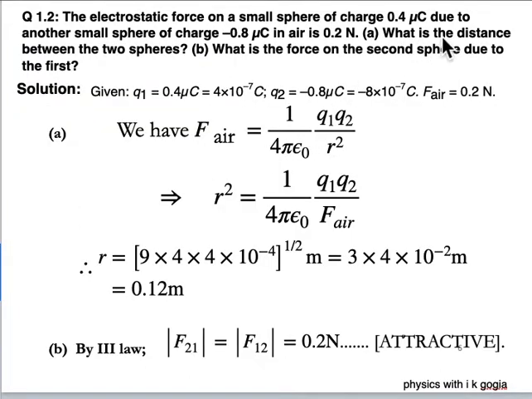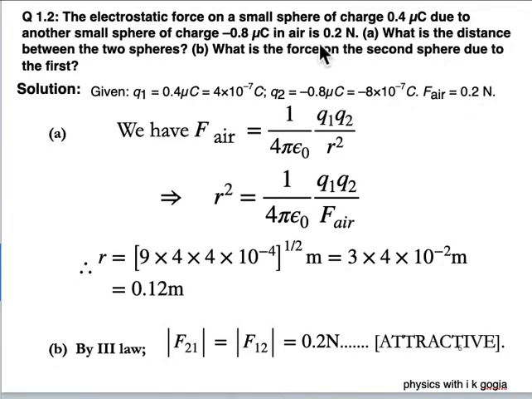Again, you have the question statement for reference in this part. We are given Q1, Q2. Q1 is 0.4 microcoulomb. Expressed in coulomb, it is 4 into 10 to the power minus 7 coulomb. Similarly, Q2, and the force is given to be 0.2 Newton.